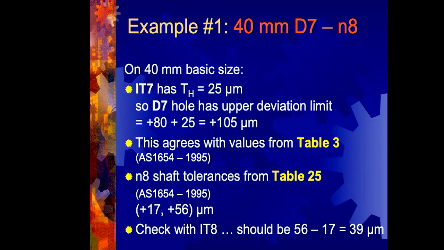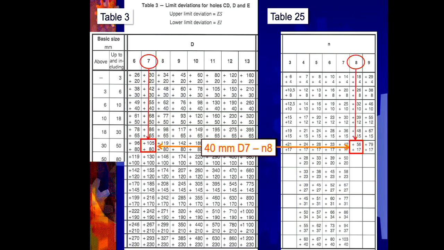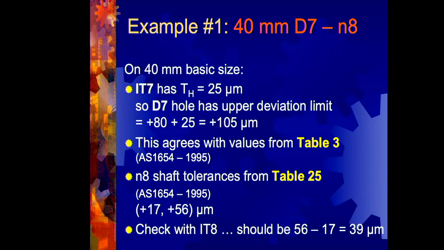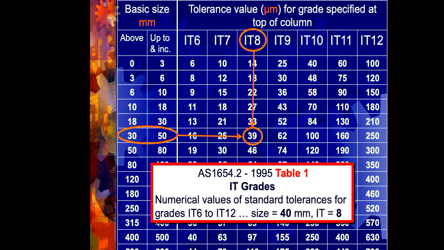IT8, it should be 56 minus 17 equals 39. And I can promise you that it is. This is why these questions should be the easy questions in your assignment DP4 or the exam, because you can check your answers with this simple process. And there it is, IT8 39.